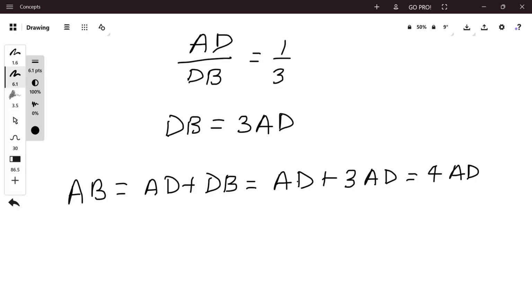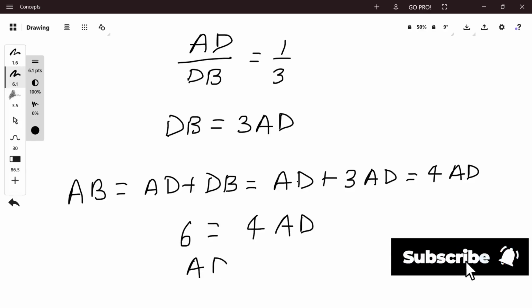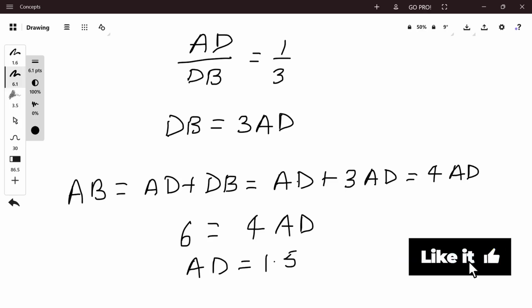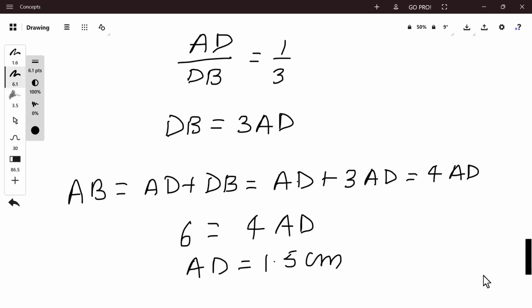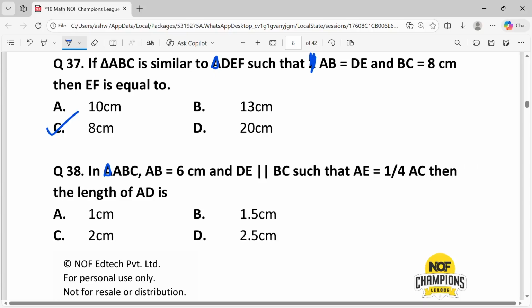Given AB is 6 centimeter, that is 6 is equal to 4 AD, that is AD is equal to 1.5 centimeter. From the options, the answer is B, 1.5 centimeters.